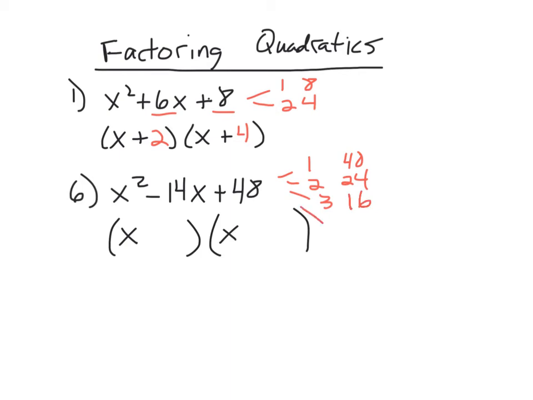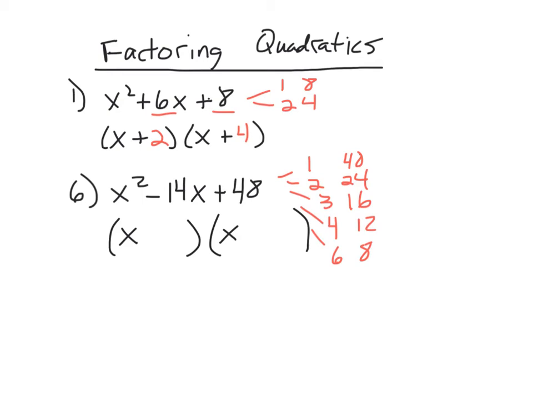Okay, good. 4 and 12. And we can keep going here. 5, no. There would also be a 6 and 8. And I think that's it. All right, so again, we've got our factor tree here, all the factors of 48, and we know it's got to be one of these if it's factorable.